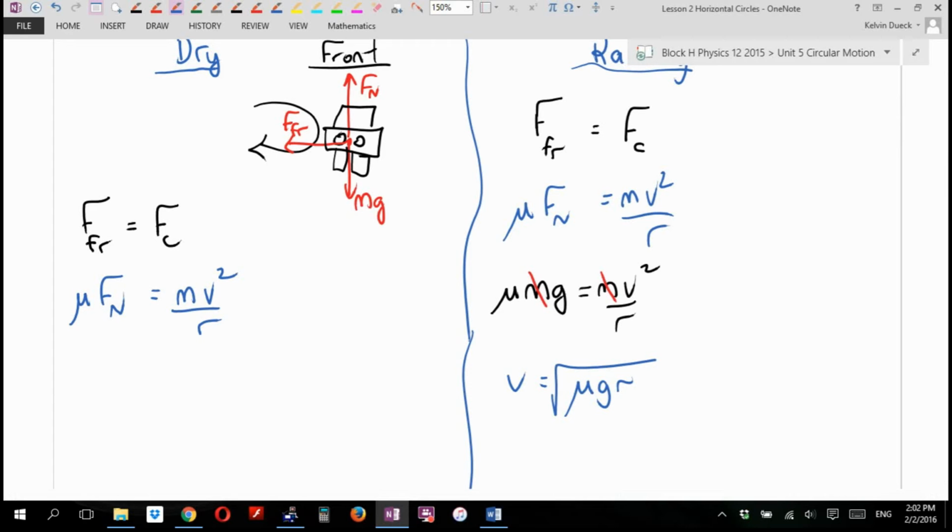I don't know the normal force. Oh, but look. I know, oh, Mr. Duick, this seems really repetitive. Well, so far. Except, what do I want to find here? What's mu? I don't know. How would I get the mu by itself?